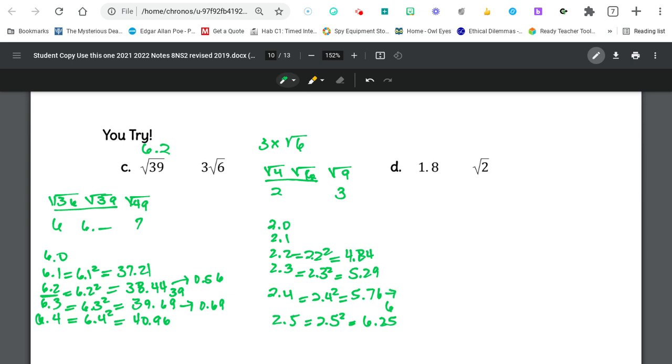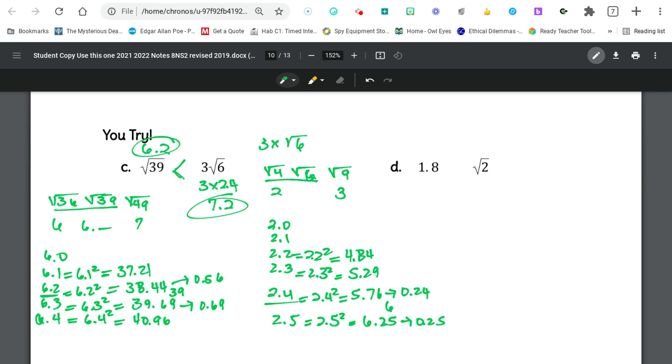This is like being 24 cents away from 6, and this is 25 cents away from 6. That was 2.4. So here, this is going to be 3 times 2.4, which is 7.2. So 6.2 is less than 7.2.